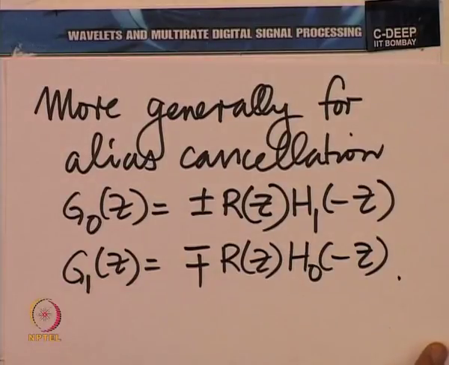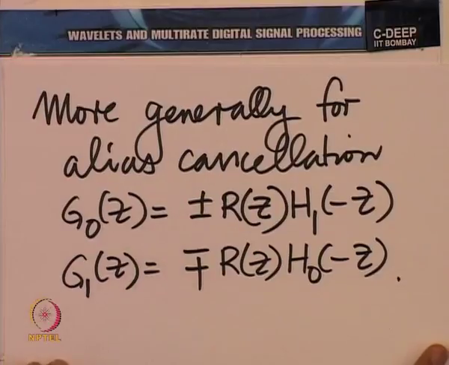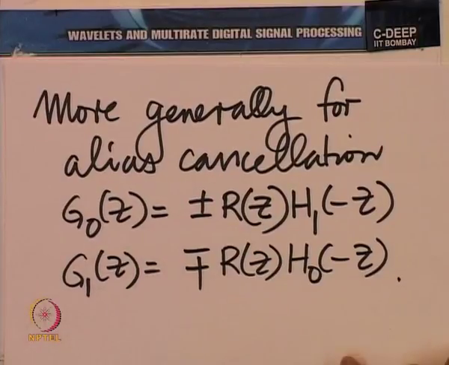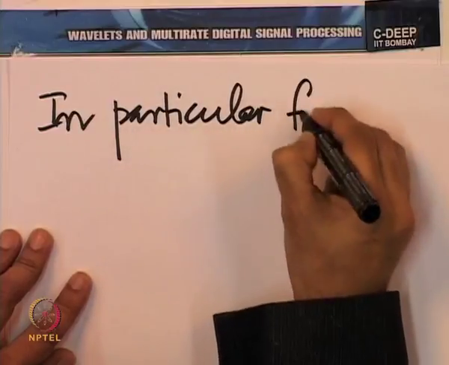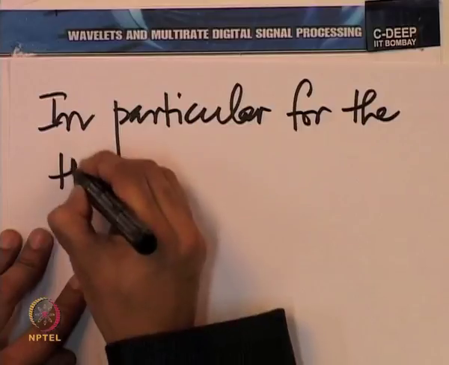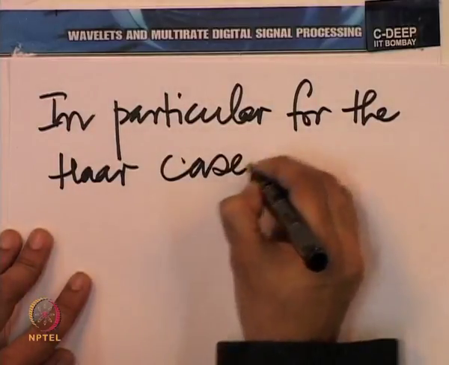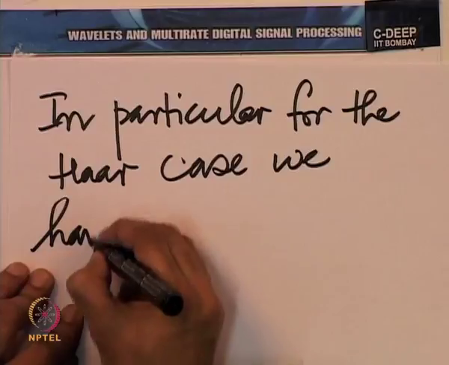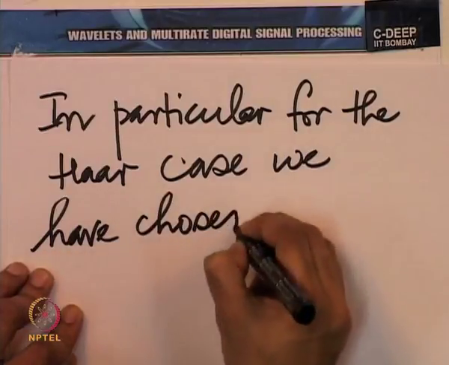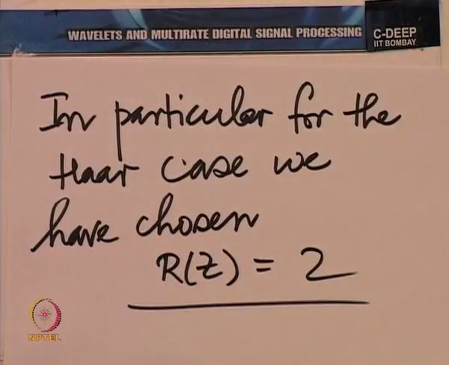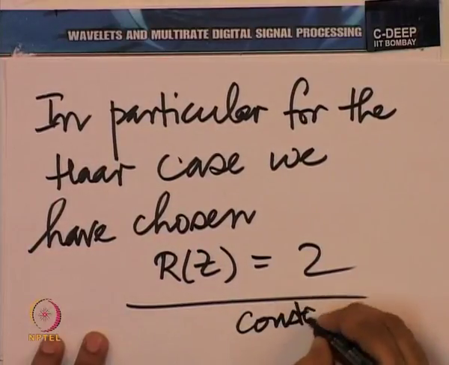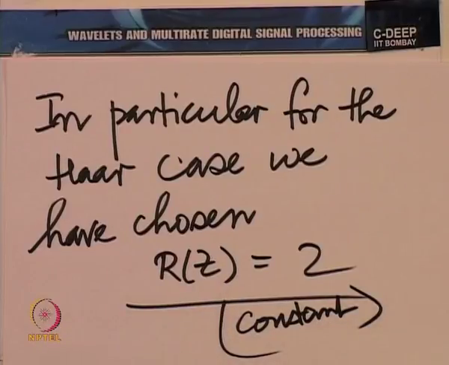And in particular, you could choose R(z) to be a constant. So, in particular, for the Haar case, we have chosen R(z) to be equal to 2, a constant. And in fact, I can also check for the second expression.